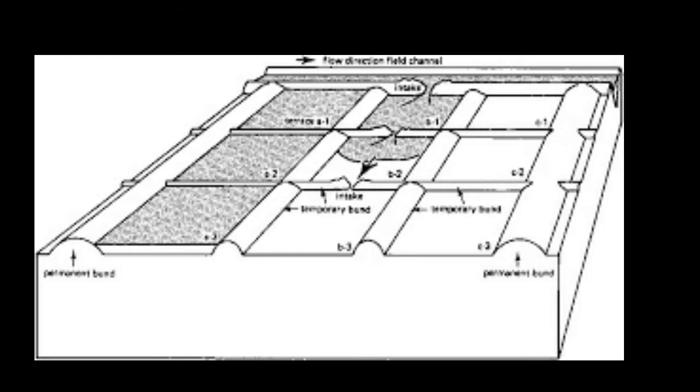The intake of terrace A1 is closed and then the irrigation water is diverted to terrace B1 until B1, B2, and B3 are filled.